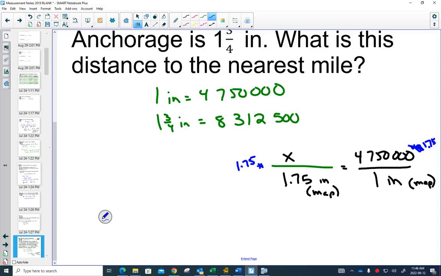So what have we found out? We have found out so far the distance is 8,312,500 inches. We need to change that to miles.